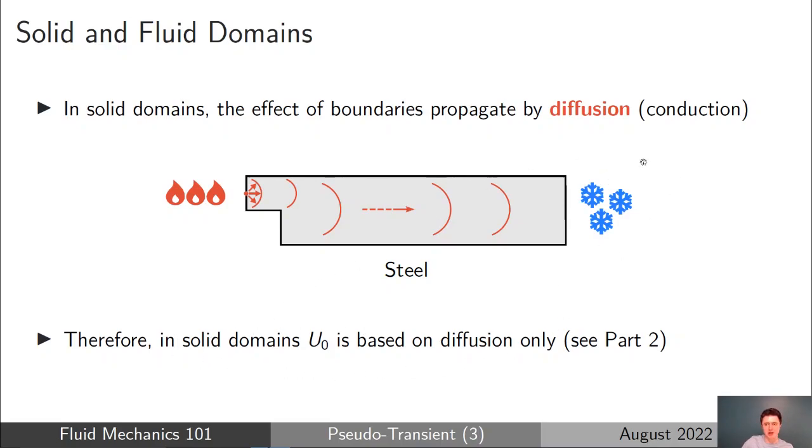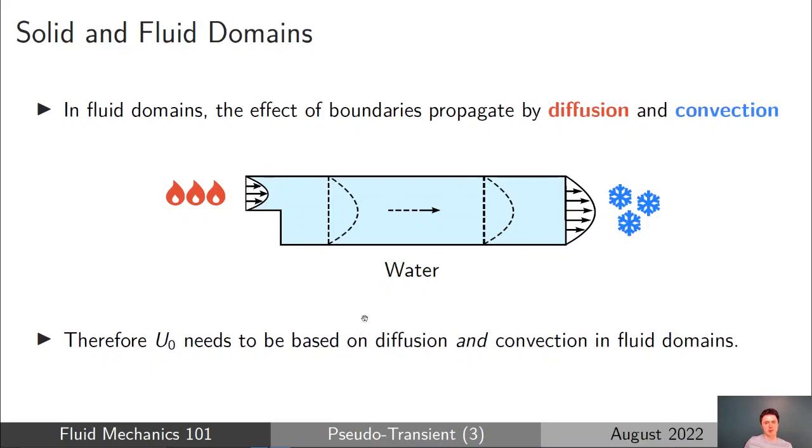So in solid domains, we only need to think about the process of diffusion, and we can use the formulas that we used in part 2 to work out what that characteristic speed will be for the propagation across a solid. Now, in a fluid domain, we also need to think about the effect of convection, because the background fluid, or the background molecules in the domain, you can think of it that way, are moving across the domain from one boundary to the other.